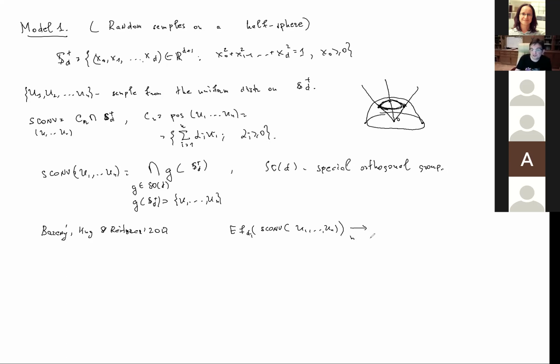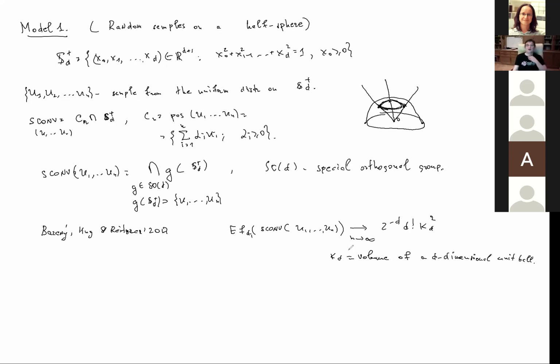So this is just a sequence of real numbers. This converges to a finite constant, as the size of the sample tends to infinity, of this form. Here, kappa_d is the usual notation for the volume of the d-dimensional unit ball.